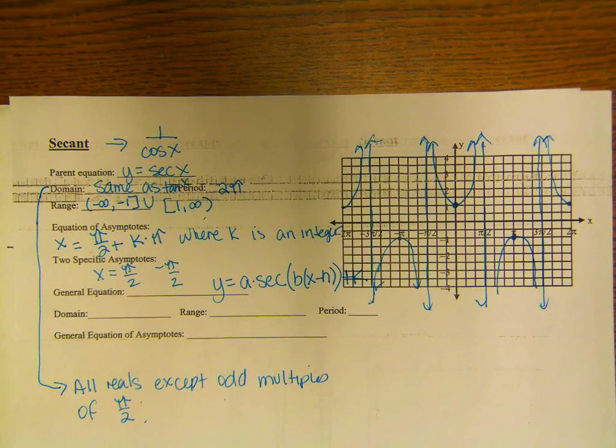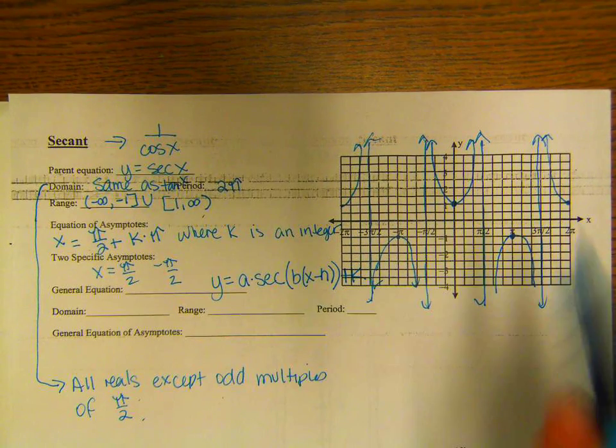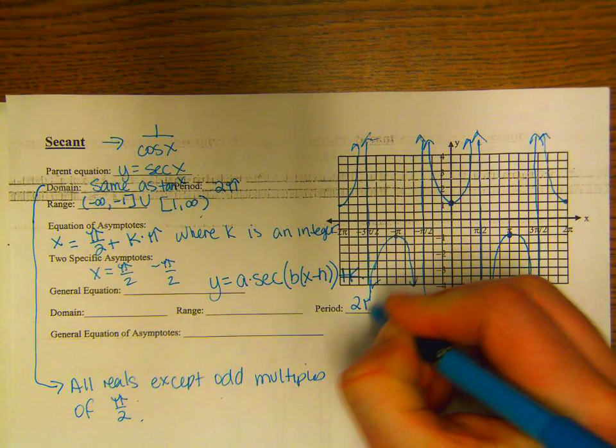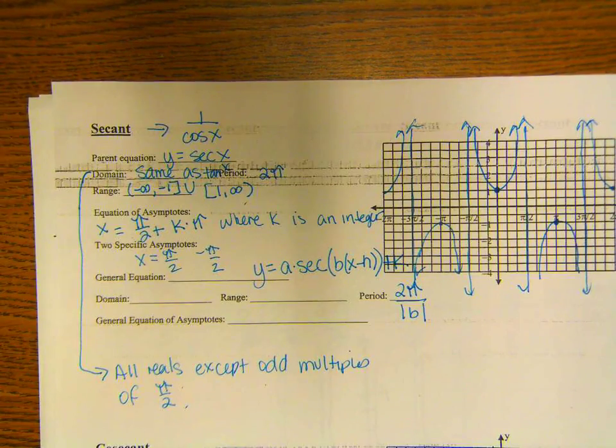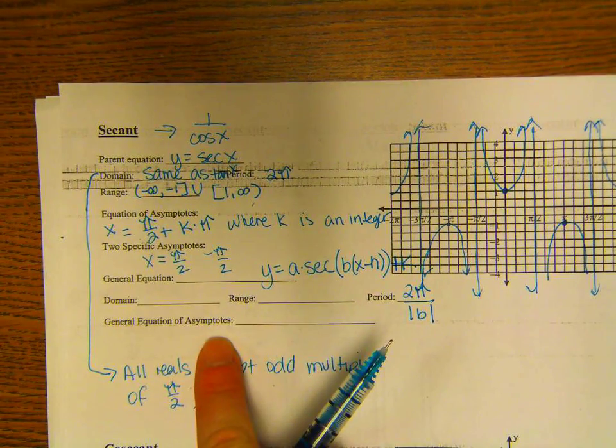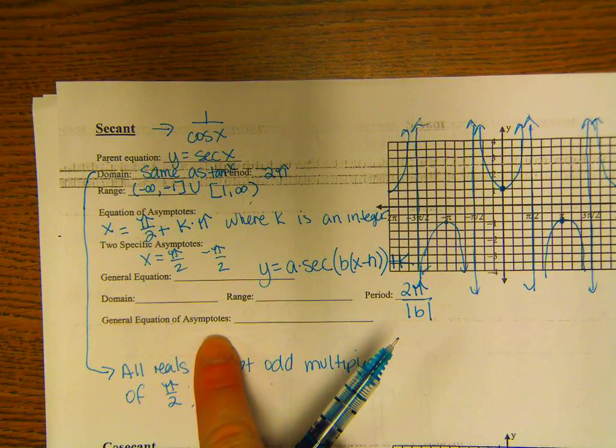What changes the period? Which letter up there? B. And since it was 2 pi, the new period would be 2 pi over B. I am going to talk about the asymptotes again.